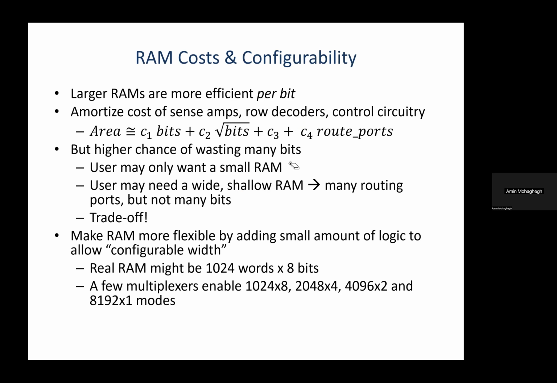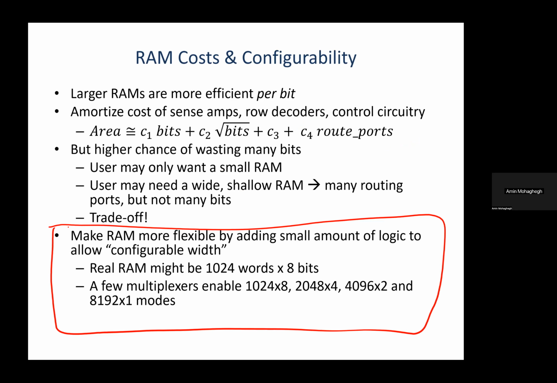The last thing that FPGA RAMs generally do is this: when you build a normal RAM, it would be something like 512 words by 16 bits, so a word is 16 bits and there are 512 of them. What you build on the FPGA might be, for example, 1,000 words and 8 bits wide.